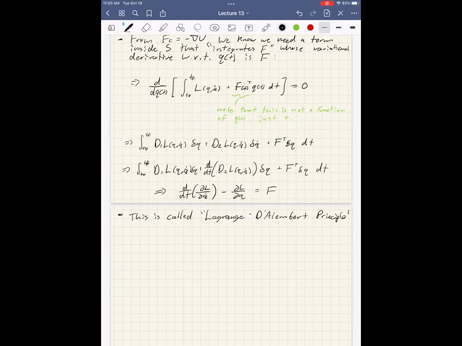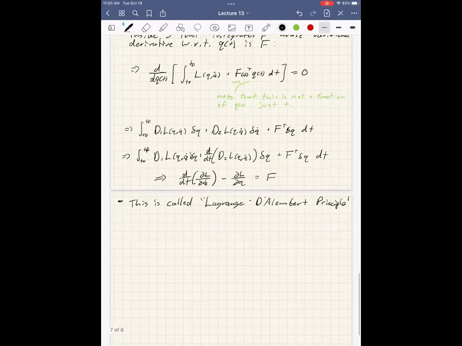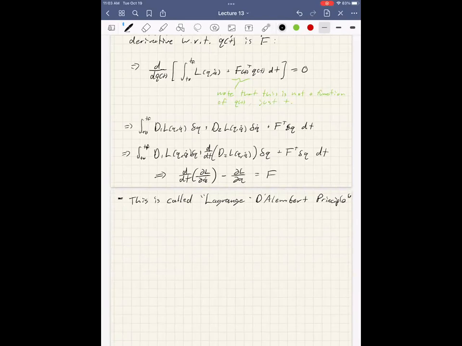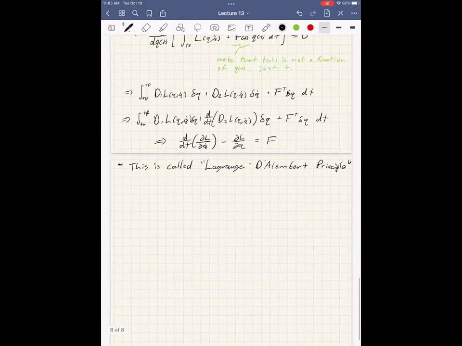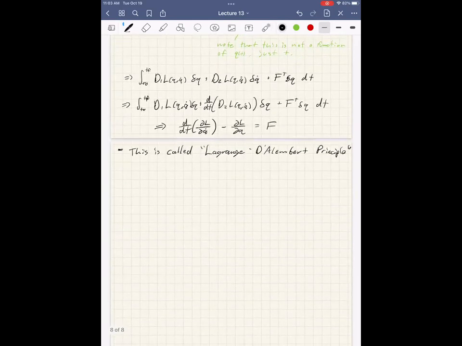Sorry? Used to call it D-Lambert principle. Oh, it's D'Alembert, yeah. If you speak French, which I don't, that's how you pronounce it, ish. But you've heard of this before, at least. So there's another name for this too. That's the principle of virtual work. Has anyone heard of that before? Okay, so I'm going to write this in a slightly different form and show you where that comes from.